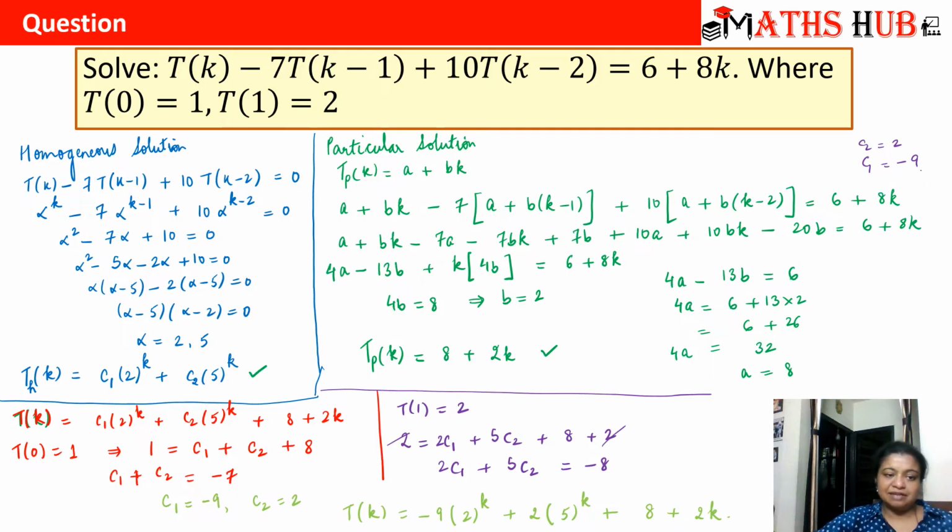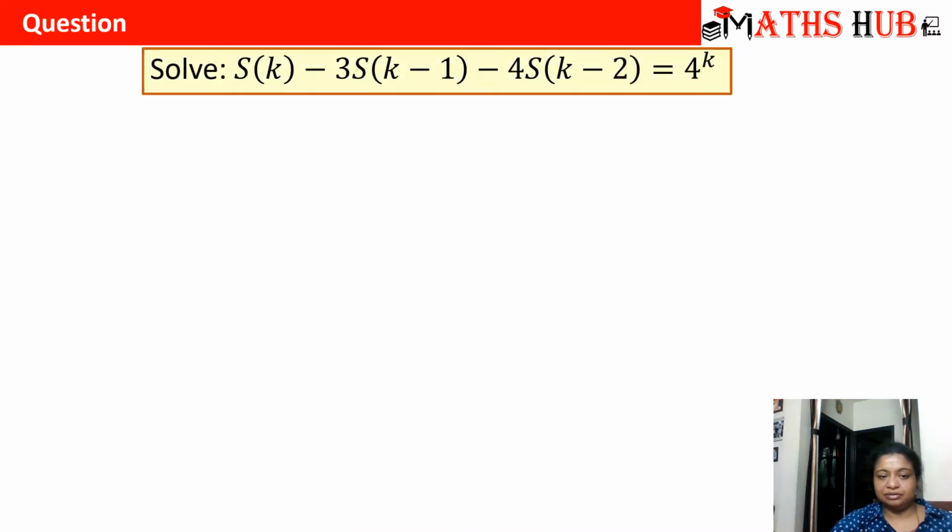So you can see that we have calculated the homogeneous solution first, then the particular solution, and then what have we done? We have calculated the general solution. This was the general solution obtained. And if the initial conditions are given to us, using the initial conditions, we are calculating the constants. Right? Okay then. So now let's move on to the next question.